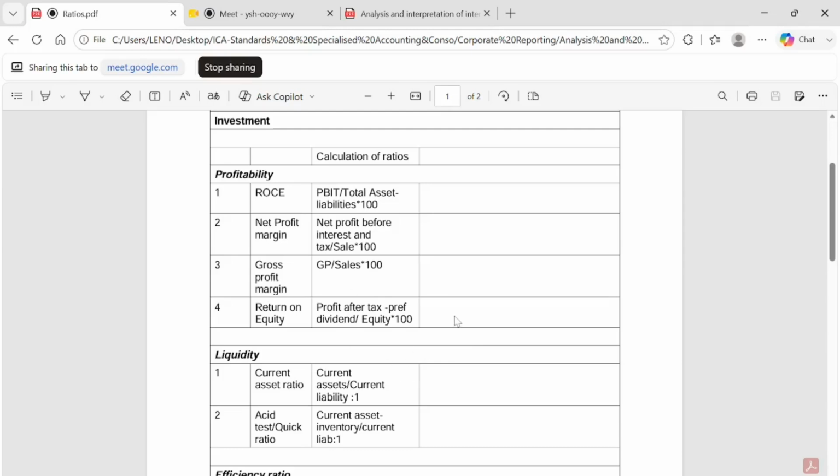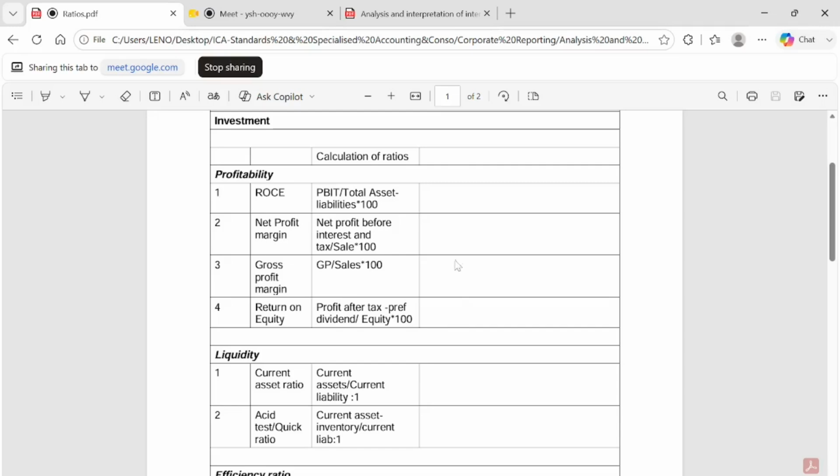Then you compute and know the actual returns, right? This is like checking the rate of dividend that will accrue to the ordinary shareholders, because when you deduct the preference shareholder dividend, the rest belongs to the ordinary shareholders. All right, so that is it about profitability.